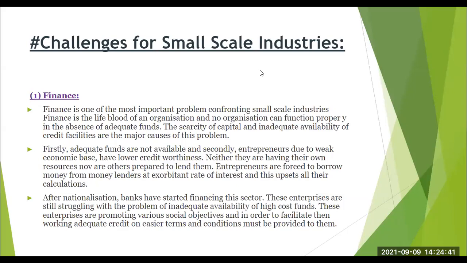upsets all their calculations. For example, what is the current rate of the personal loan right now? If you go to any private bank, 7%. Are you sure, 7%? Anyone online? Personal loan. 9%. Yes. Divya, Devansh, Lisa.